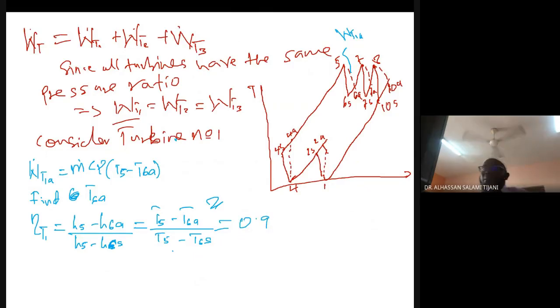Now we need to find T6A, which is not known. We also don't know T6S.